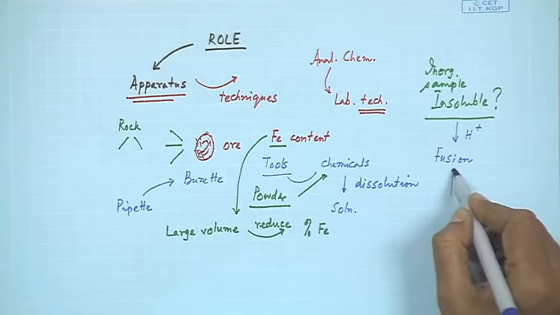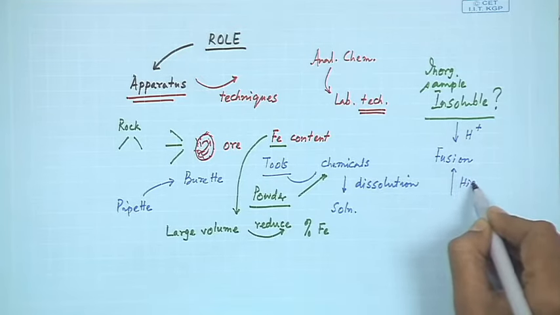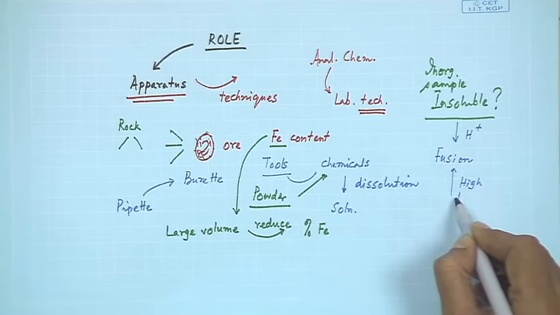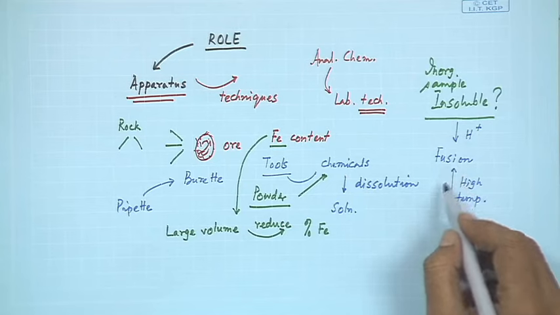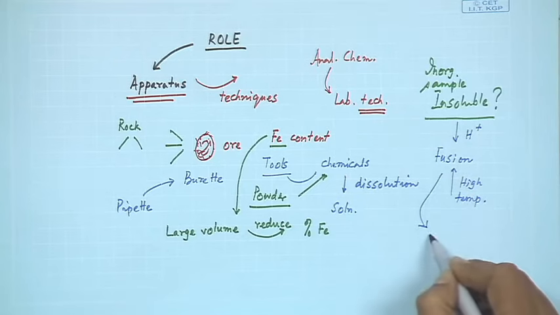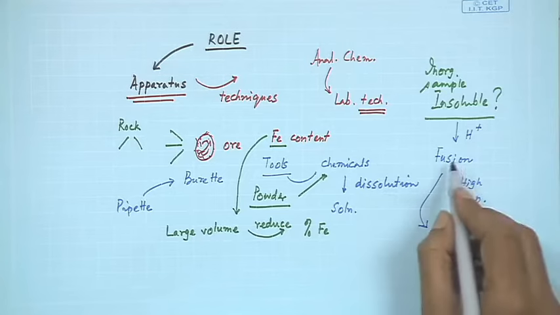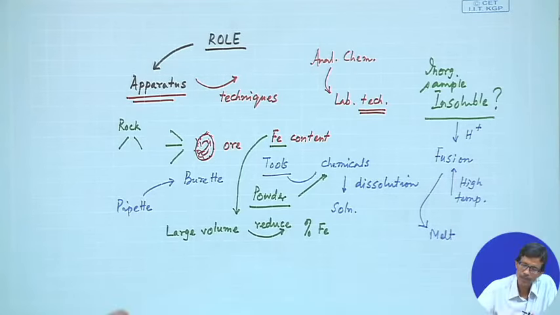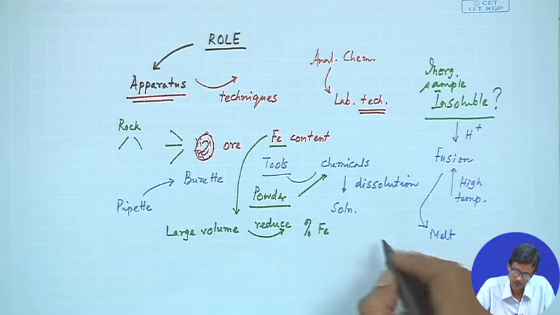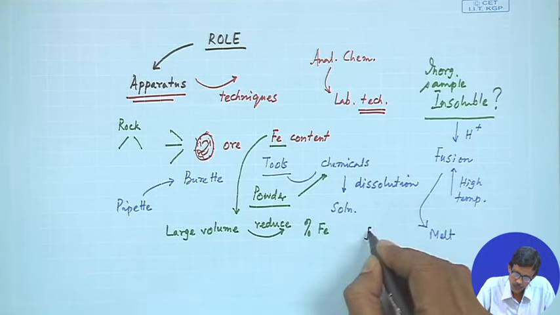A high temperature fusion can be useful. When we go for this fusion, what do we get? We get a melt, that means a fused sample, which is nothing but your fused insoluble inorganic sample.